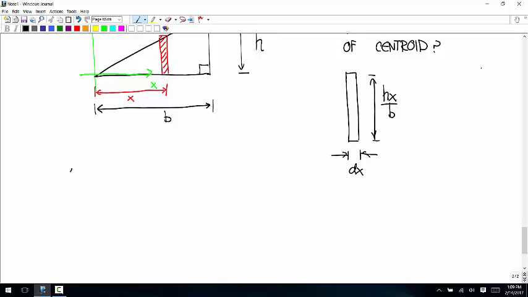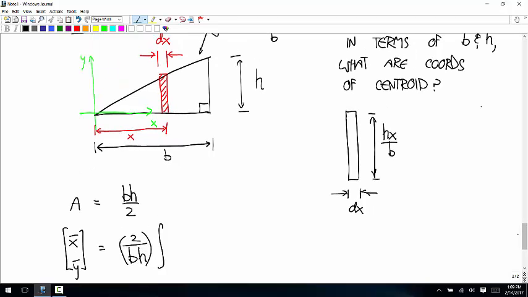The total area of the triangle is just BH over 2. And so now we'll go to the centroid formula. X bar, Y bar is equal to 1 over the total area. So that's 2 over BH, times the integral over the whole area of, now we're dealing with these strips.